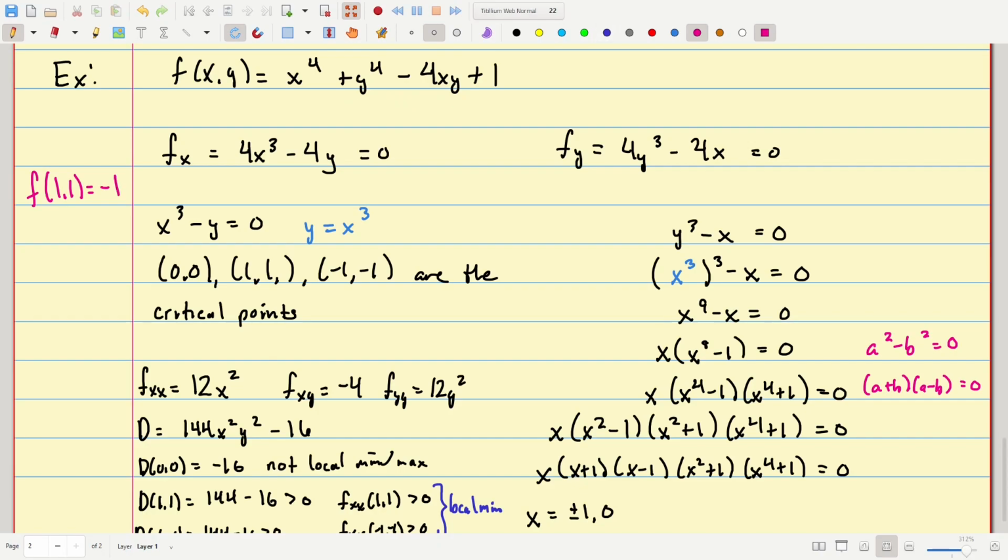And if we plug in (-1, -1), it's going to be the same thing, because these raise it to an even power. We get 3 minus signs here, so it's still -4, and then +1.